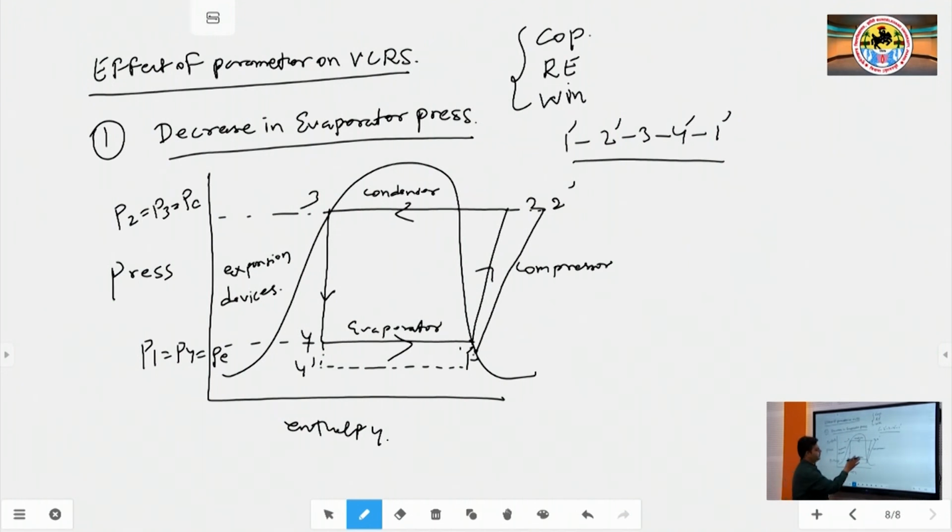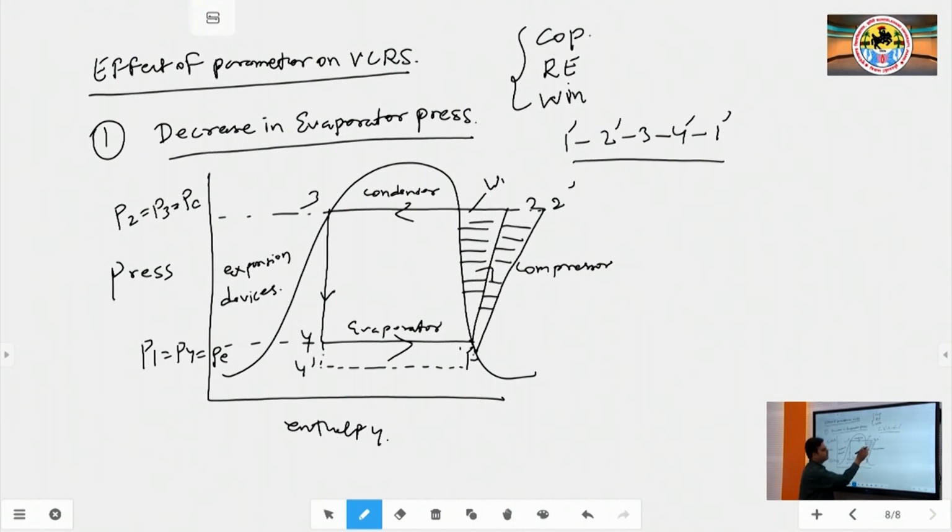So, when we decrease the evaporator pressure, what will be the effect on COP, refrigeration effect, and work input? The work is 1 to 2, and when we decrease the pressure, the work will increase.